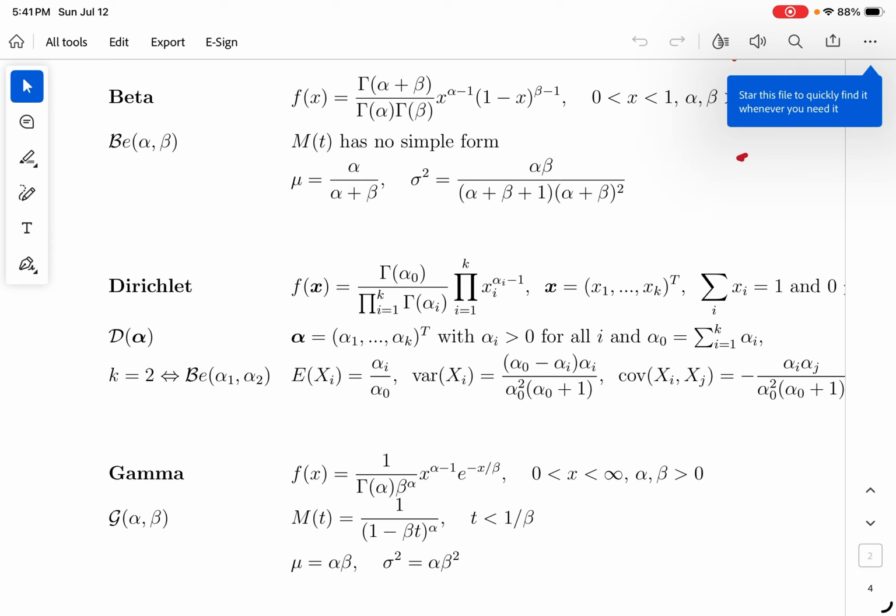So again, you have to think of the x's as our p's, and then the alpha is the parameter. And similar to some other distributions, we can focus on the power alpha_i minus 1 on the x_i in that product. And so to determine each component of the parameter vector alpha, we're just going to look at that power and add 1.